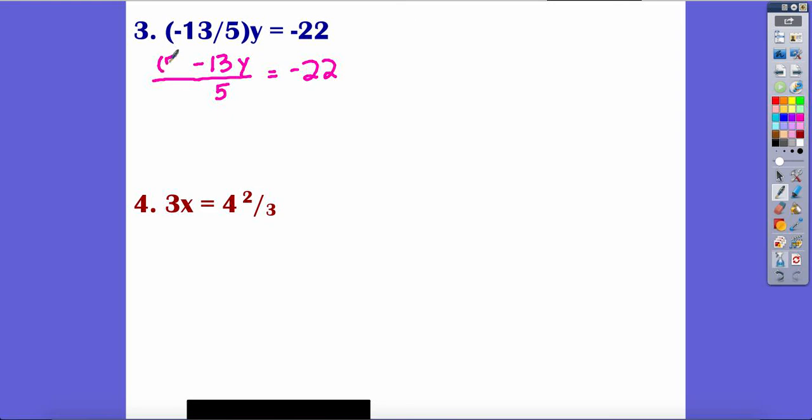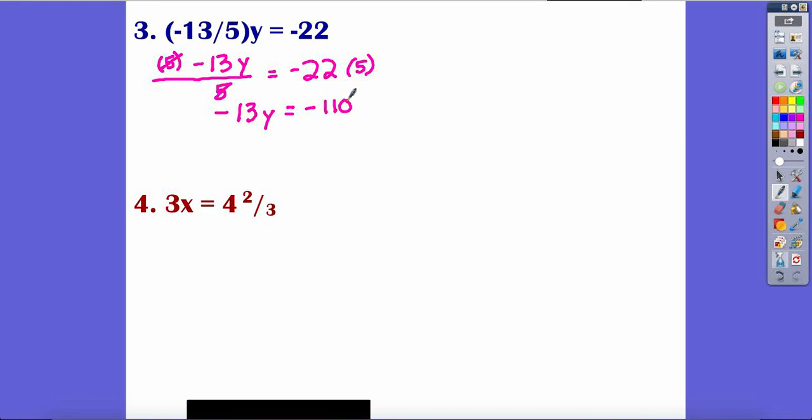If I multiply both sides by that 5, or what I'm dividing by, then I know that those will end up canceling for me. At this point, I have negative 13y still left because the 5's canceled, but the 13y is still there, equals, and now I'm going to multiply these over here. Negative 20 times 5 would be negative 100, and then the 2 times the 5 would be 10 more, so negative 110.